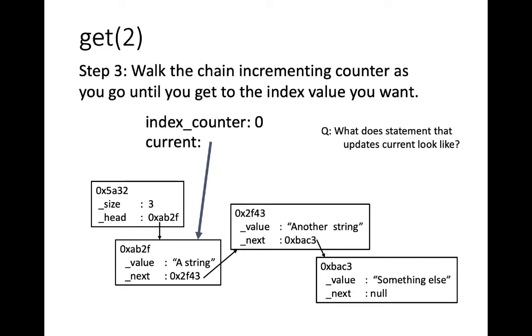Inside my while loop, while the index counter is not equal to index, I have to increment index counter, so that I know how to do. That's just adding 1 to index counter. But I also have to update the current pointer to the node, and that is the code that I'm looking for. What line inside that while loop will help me update my current value to be the next node in the chain?